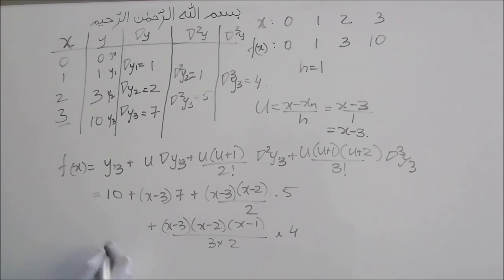Solving this, we get the polynomial equation f of x equal to 2 by 3 x cube minus 3 by 2 x squared plus 11 by 6 x. This is the answer.